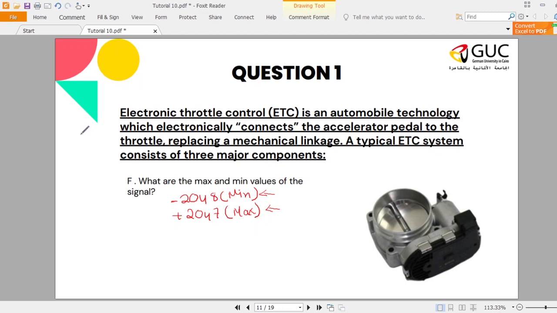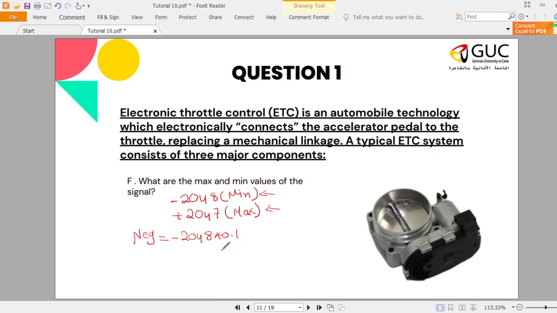So in the negative spectrum we will be having negative 2048 times our resolution, which is 0.1. Now, sorry if I got it mixed up, in question D we calculated the total number in the positive and the negative spectrum, the minimum value and the maximum value.